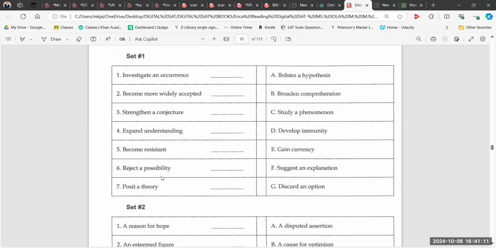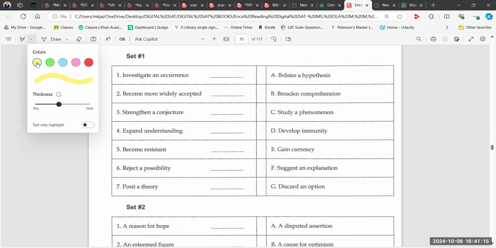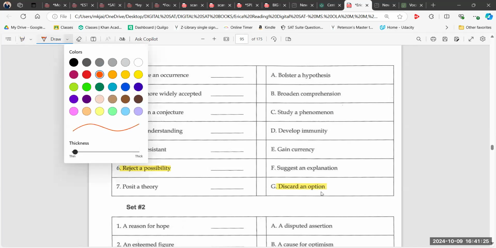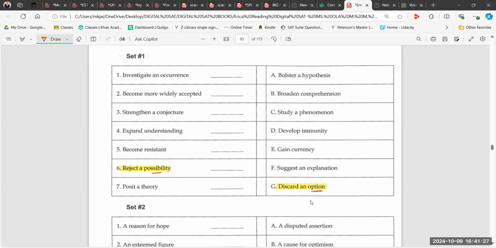I think it's discard an option. Yeah, let's highlight it. When you reject a possibility, what does it mean? Discard an option. An option is a possibility. When you reject, you discard.